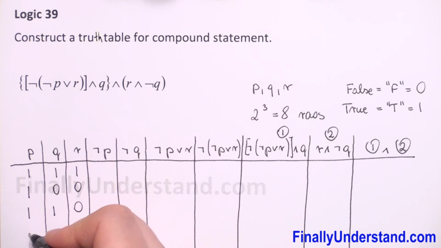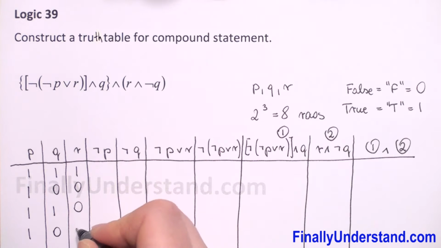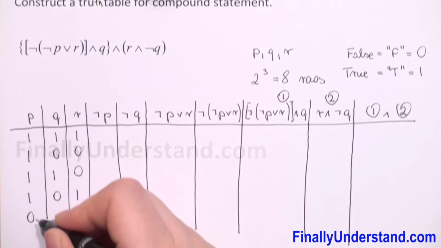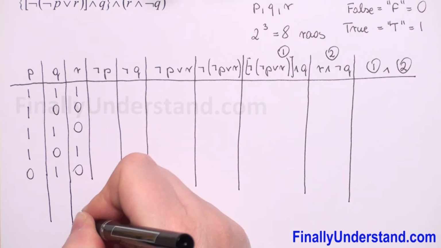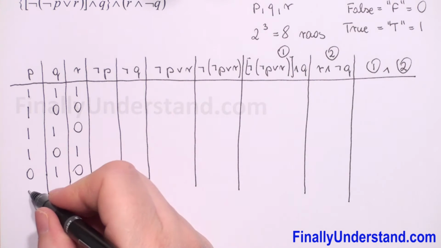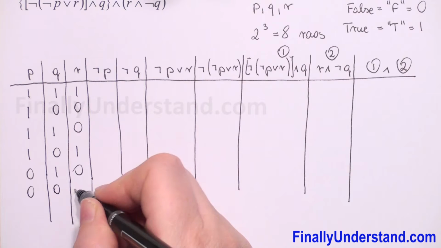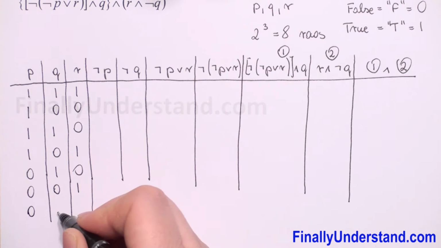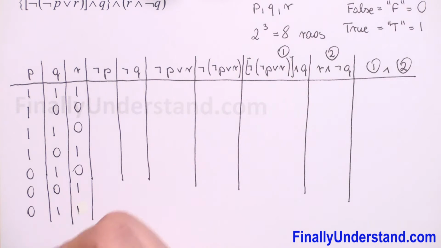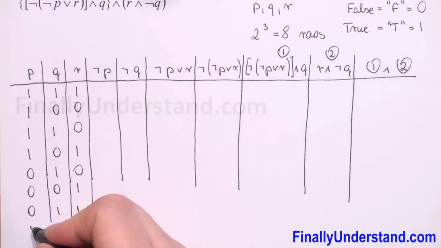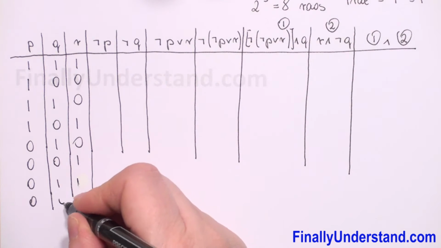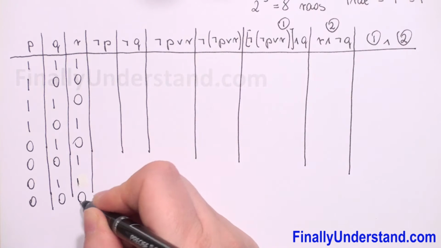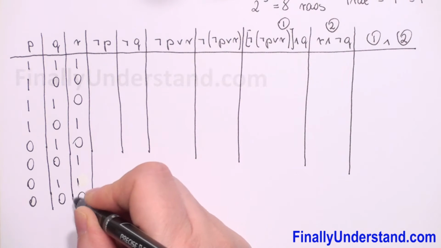Next 1, 0, 1, 0, 1, 0, 0, 0, 1, 0, 1, 1. And now we will have P is false, Q is false, and R is false. So we have all combinations.